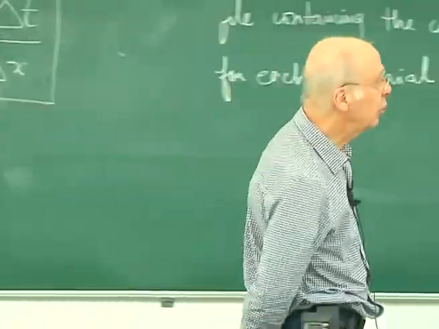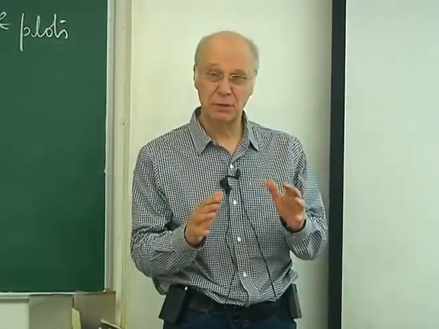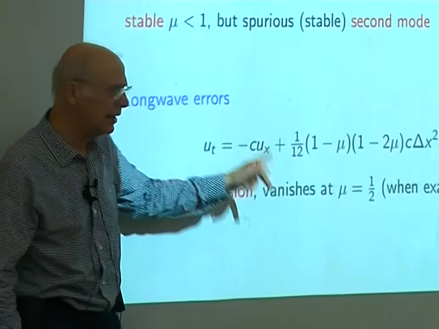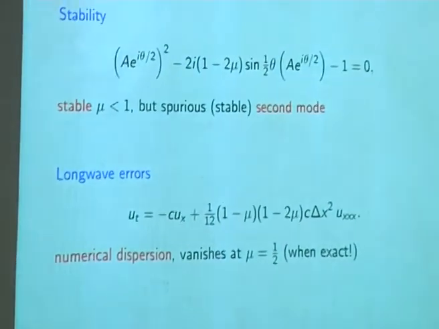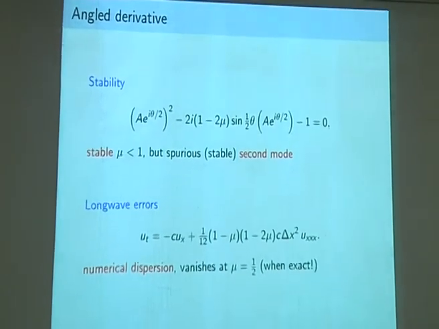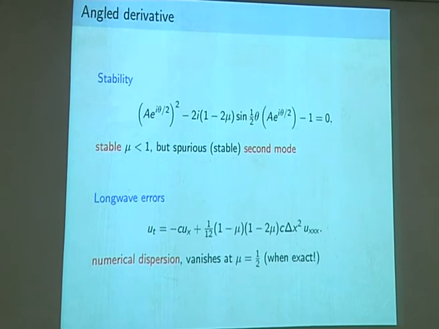Okay. If you look at the long wave analysis, where you're really picking out the main mode rather than the spurious mode, you find that we have an expression for the diffusivity, and now I think that diffusivity ought to be smaller. So it's not a diffusivity, it's a dispersion. It's a 3 derivatives term. So it's the variation of the speed of waves, how the waves depend on the wavelength.